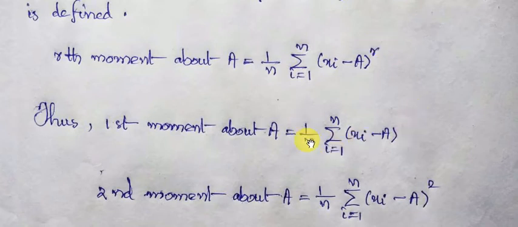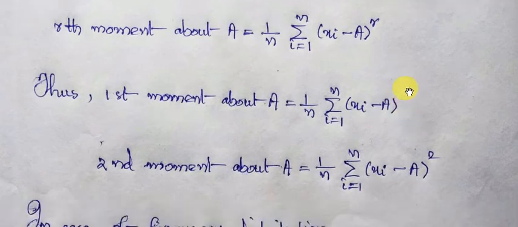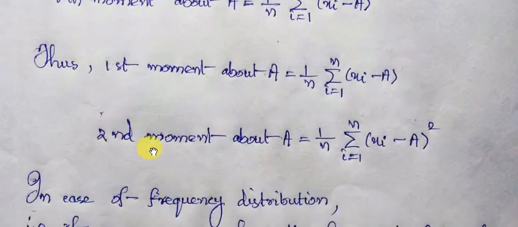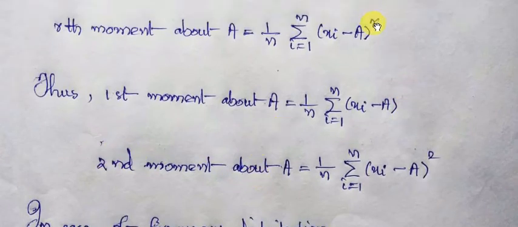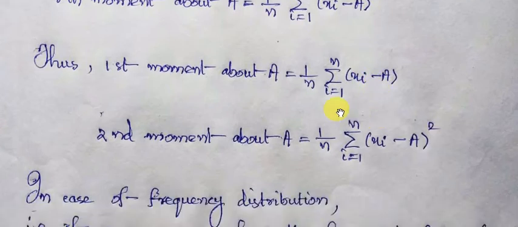So this is equal to 1 by n summation over i equal to 1 to n, xi minus A whole to the power 1. So here I have written nothing, 1 means nothing. For the second moment, obviously in place of r we have to write 2. Here I have written 1 by n summation over i equal to 1 to n, xi minus capital A whole square.